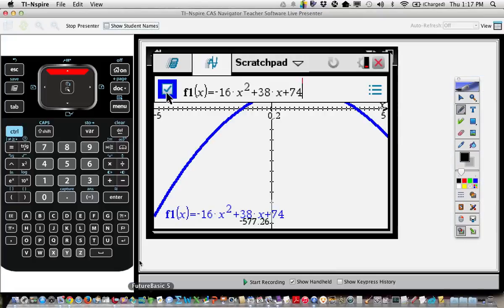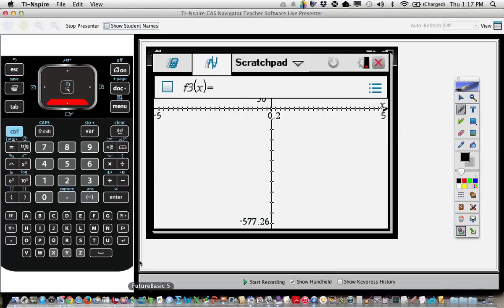But if we go onto our calculator, let's delete that out of there. Arrow up, delete that one, and arrow up. Oops, deleted the equals. That's okay, go to 3, arrow up there, and arrow up one more time.